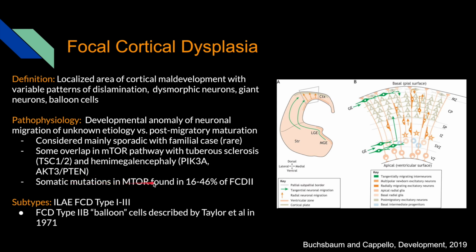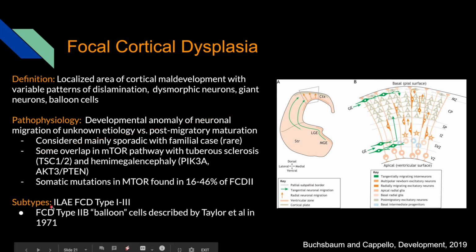Interestingly, this sporadic condition has been reported to have mutations in mTOR. So it's likely that there are some similarities going on, but in focal cortical dysplasia the anomalies are much more focal, because it's a somatic mutation in perhaps one region of the brain that's causing this disease.